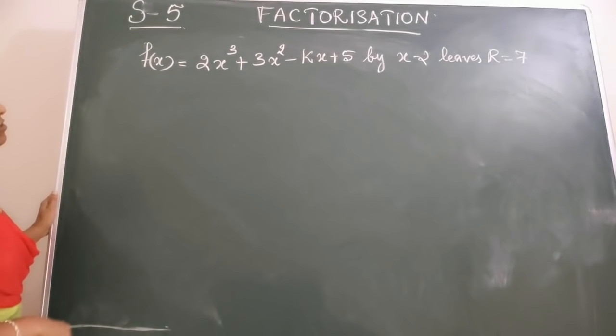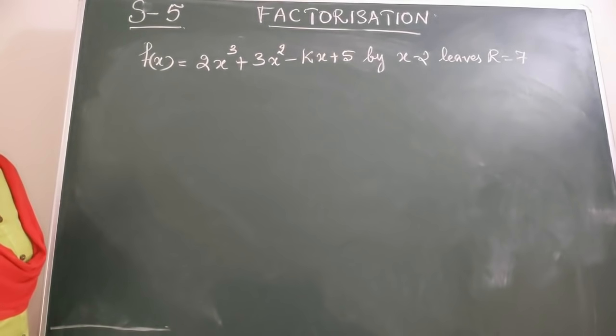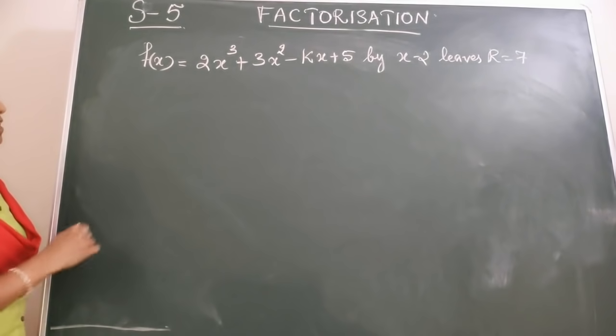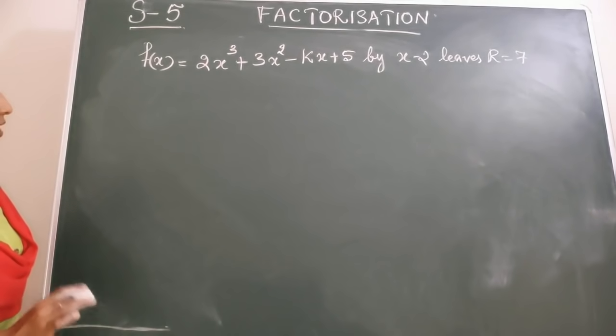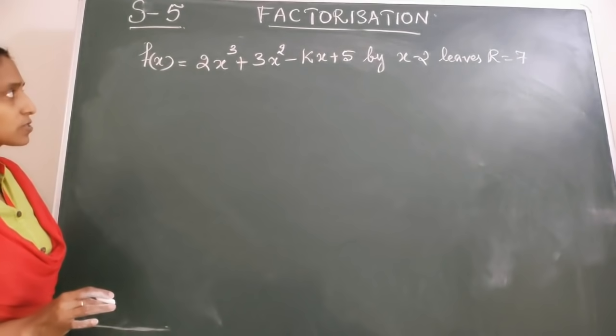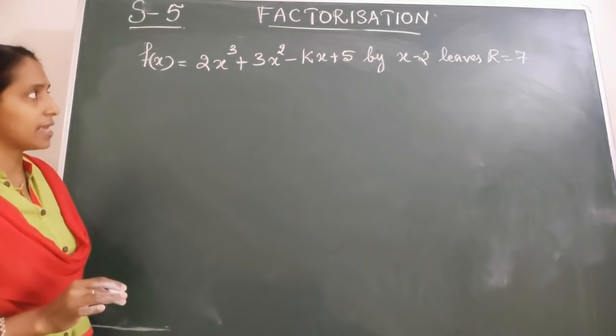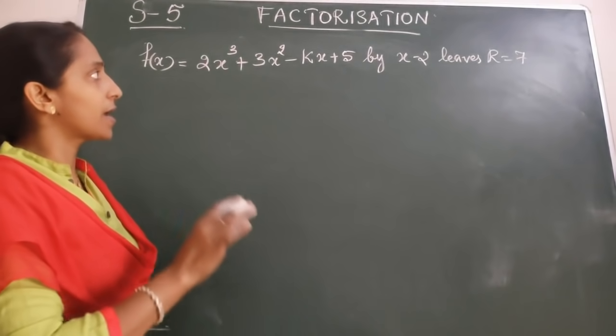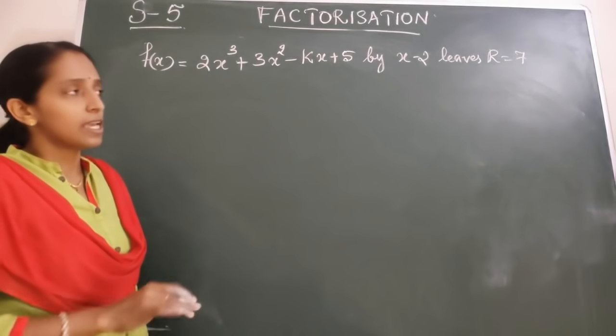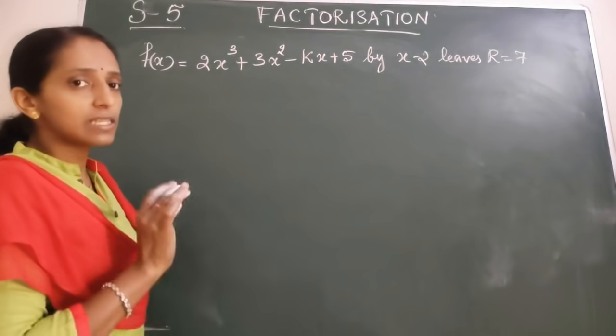Okay. So how will you find out the value of k? It is given that there is a polynomial f of x equal to 2x cube plus 3x square minus kx plus 5. When it is divided by x minus 2, it leaves a remainder 7.